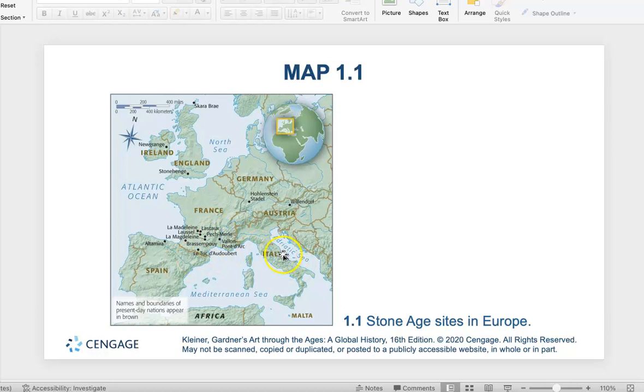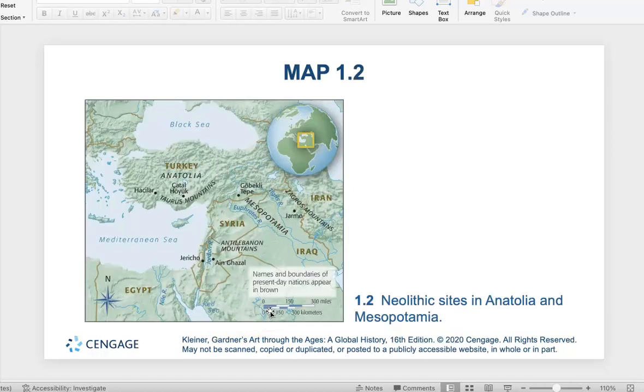Italy, Africa. They put Malta, but they didn't put Portugal. Really? Okay. All right. And we have North Africa up here. And then after that we have, I guess, the part of the world that we would now refer to as the Middle East or the Near East.